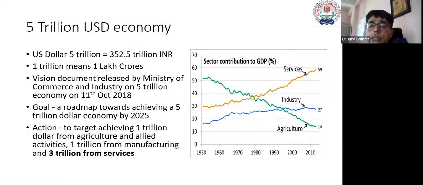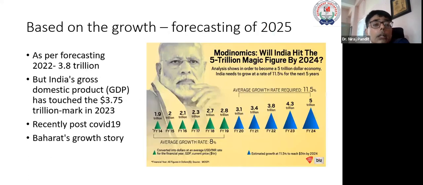So basically the service industry is almost 60%. This is very important, and the health sector is also one of the important components of our 5 trillion US economy.